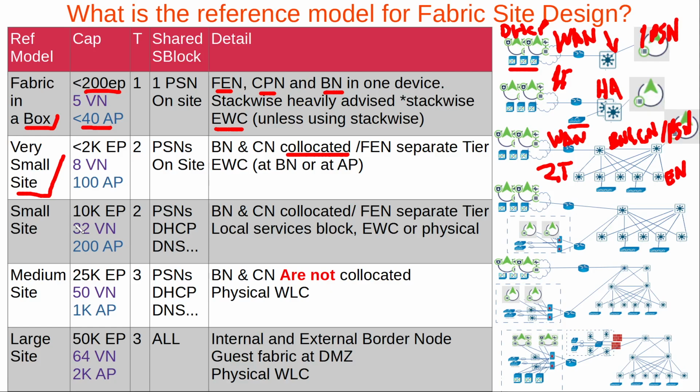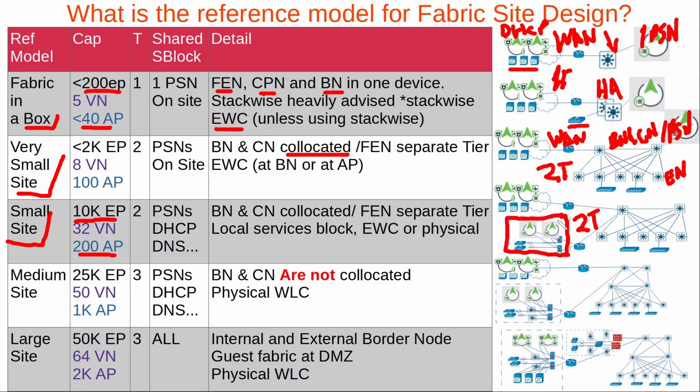So if you need up to 10,000 endpoints or 200 access points, you can go for the small site deployment. We still are using a two-tier design, but we are going to have a shared services block now, because this deployment is a little bit larger.